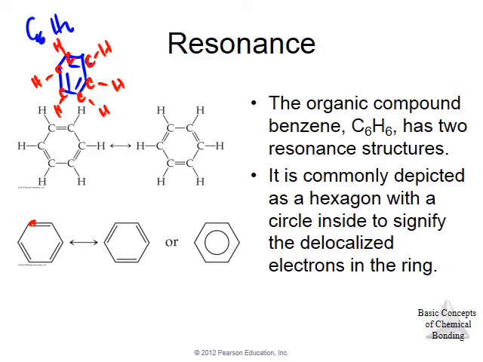Now, if this structure is given, can we find out what other resonance structure is possible? This is how we can do that. Try to bring this electron pair in between the next carbon. Now I think for the time being, since you're learning for the first time, let's write down all the hydrogens. 1, 2, 3, 4, 5, 6.